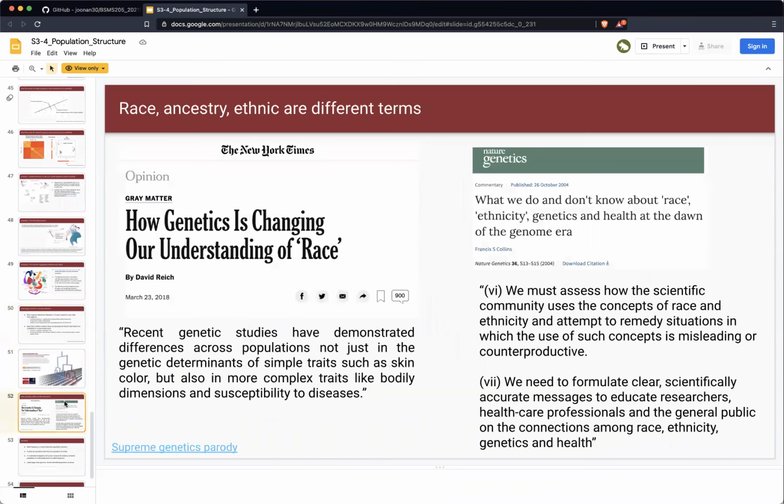Okay. And the last one is, I explained last time, but if you read this population information, you always care about the differences between race, ancestry, and ethnicity, because these are always working in different situations and also are different terms as well. So you can read some great articles from David Wright or Francis Collins.